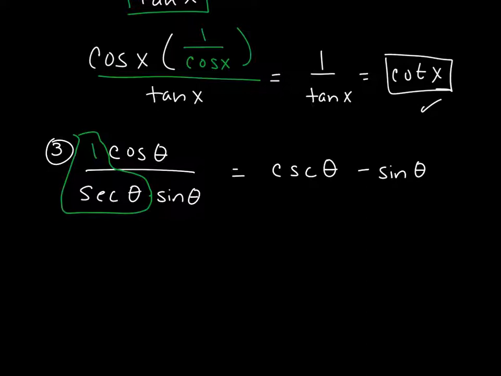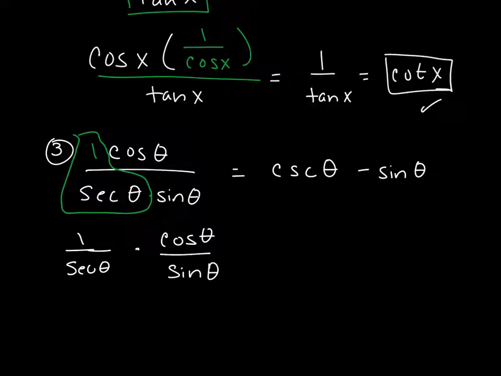So I'm going to break this up. Remember, this is just multiplication, so because that is multiplication, look what I can do here. I can rewrite this as 1 over the secant of theta times the cosine of theta over the sine of theta.